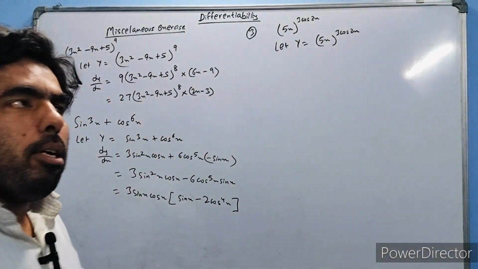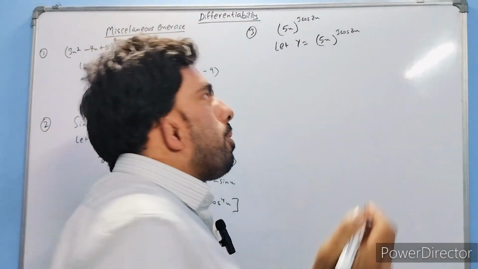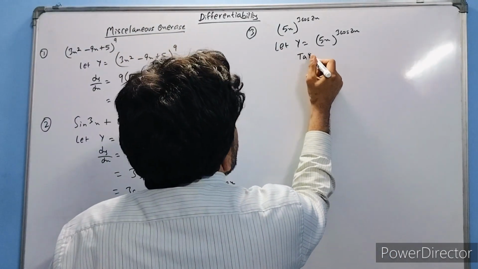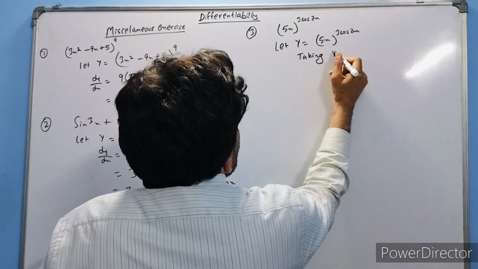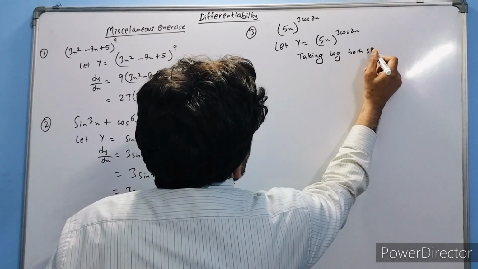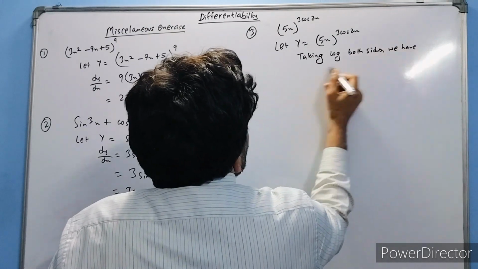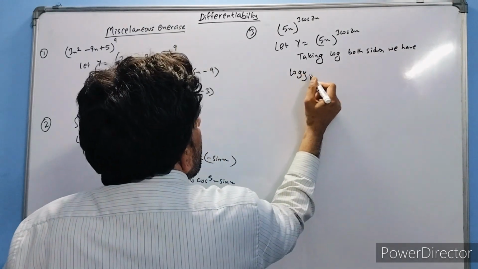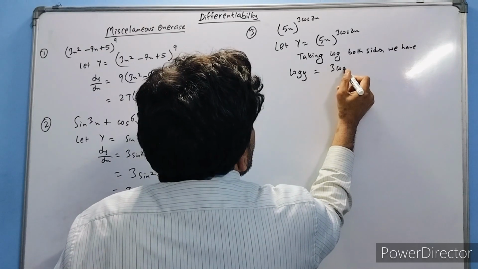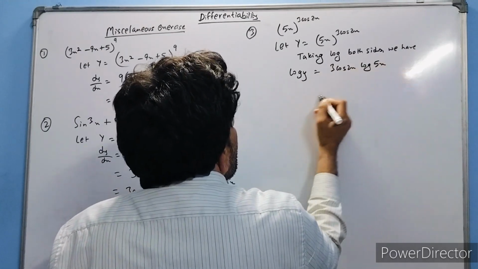How will we differentiate this? Let's try the differentiation process by logarithm, taking log on both sides. So now we'll try to solve. How? We have log of y is equal to 3 cos 2x log of 5x.